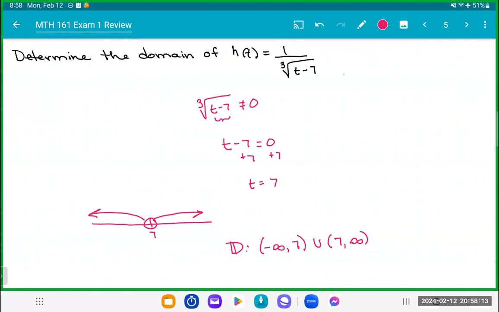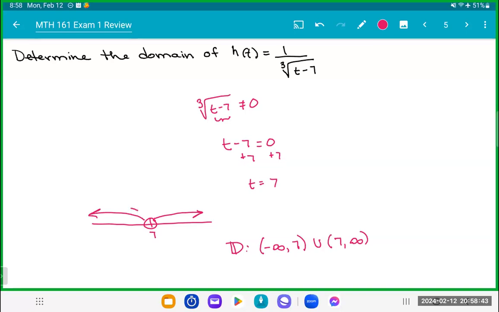That's going to happen if t minus 7 is equal to 0. When I solve that, I get that t equals 7. If I plug 7 in there, I get 7 minus 7 equals 0, and that's undefined. So my domain can be any number except 7.